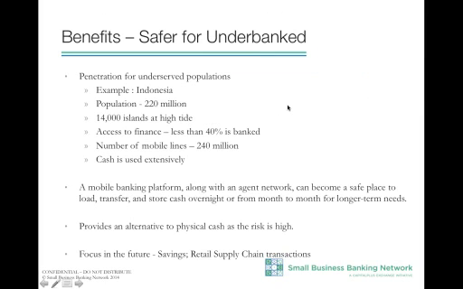Let me move on. A lot of the governments in many countries want to encourage institutions to provide digital financial services purely because they can service the unbanked. Let me give you an example. I did quite a bit of work in Indonesia. It has a huge population, 220 million people.